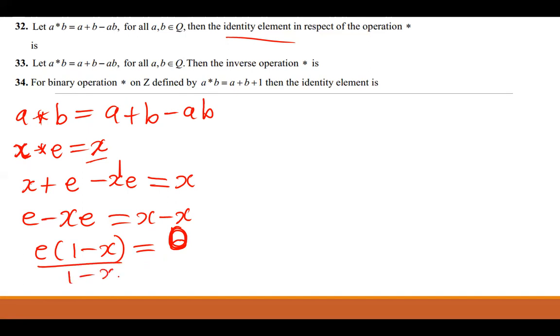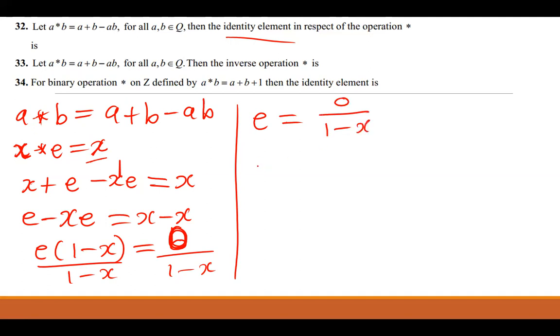We have 1 minus X over 1 minus X. So when we divide everything by 1 minus X, we're going to have E being equal to 0 over 1 minus X. So the identity element for this expression is simply just 0. So this is the identity element. This is how you find the identity element.